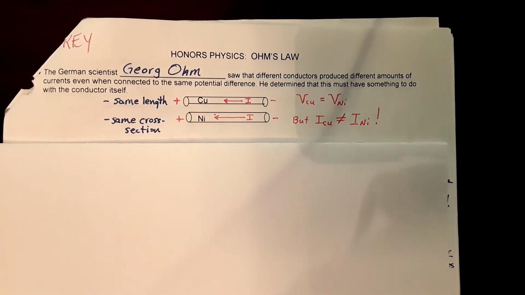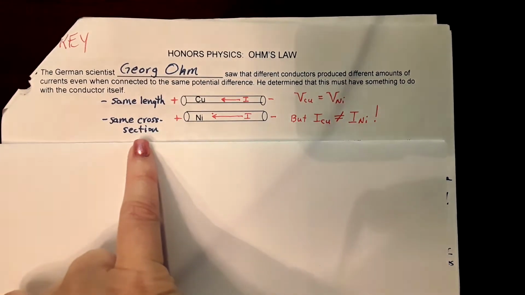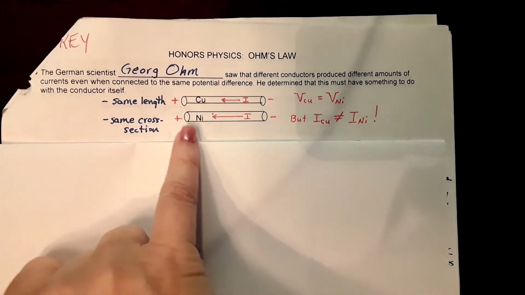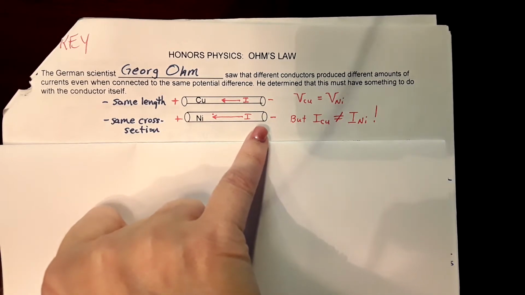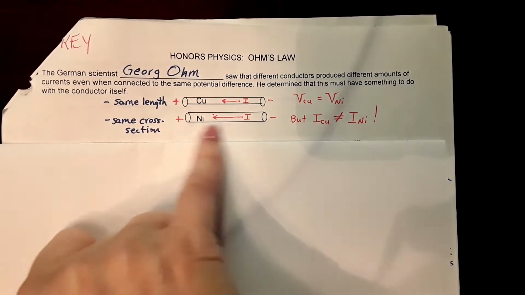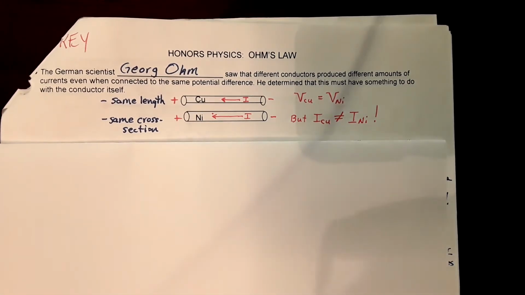Basically, what he did was he noticed that when he used conductors made of different metals, but they were the same length and the same cross-sectional area, if the potential difference doing the work to push the charges through was the same also, then the current going through each conductor was actually different.